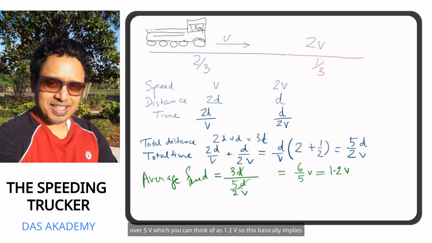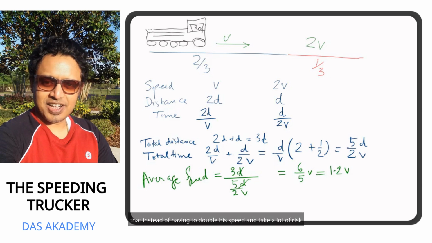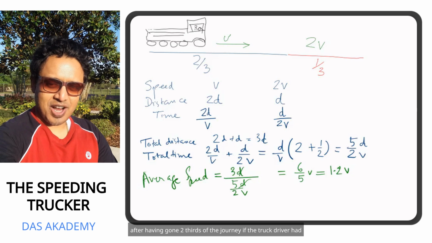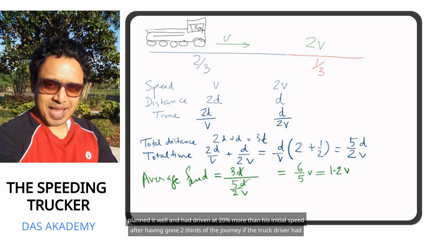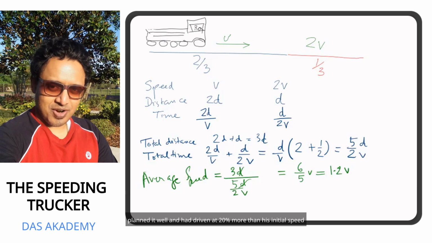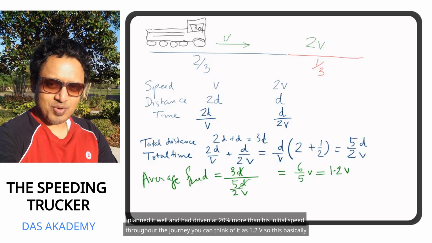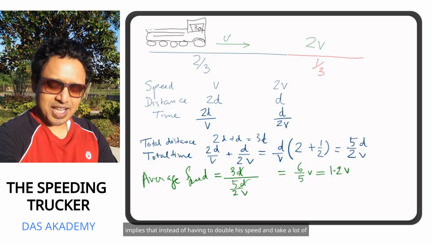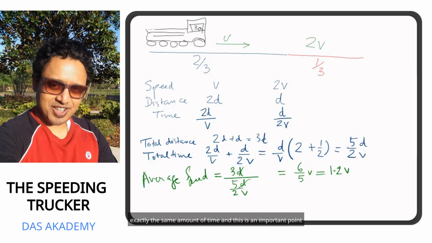So this basically implies that instead of having to double his speed and take a lot of risk after having gone 2/3 of the journey, if the truck driver had planned it well and had driven at 20% more than his initial speed throughout the journey, he would have gotten to his destination in exactly the same amount of time.